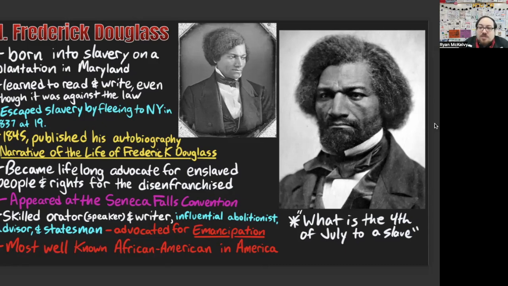Why would a slave want to celebrate this holiday that's about freedom and equality and democracy when they don't see any benefit from it, when they don't get that freedom, when they don't get that equality? So he was, again, a very important and very influential abolitionist at the time and voice against slavery.